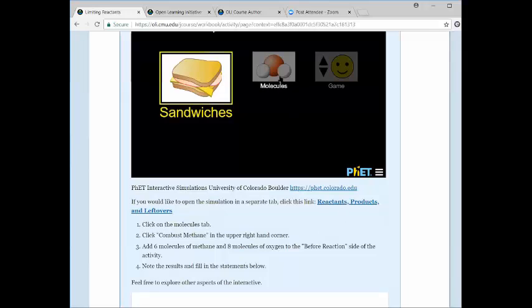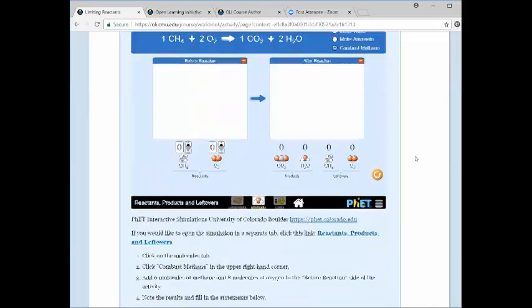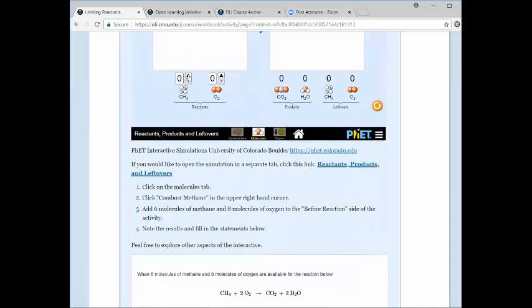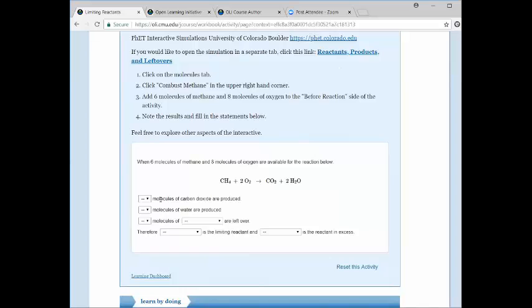So for this one, they're going to click on molecules, they're going to do the combust methane and molecules of this and 8 molecules of that, and then they're asked follow-up questions.